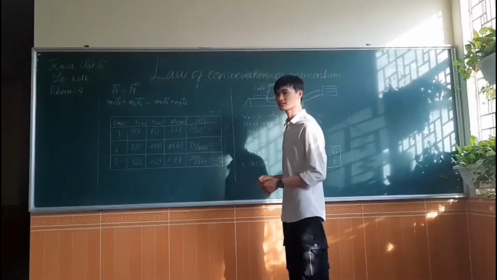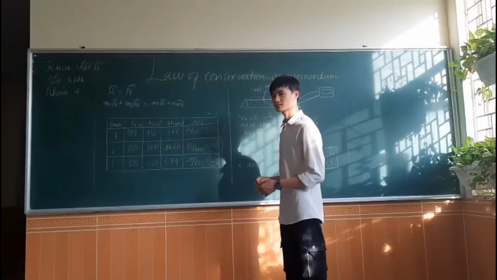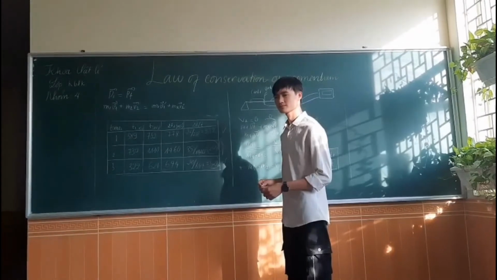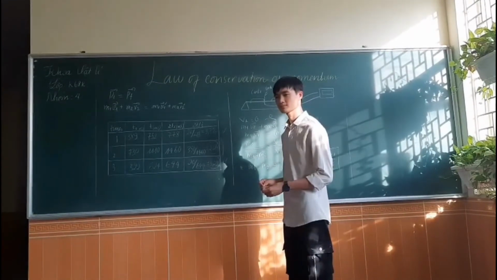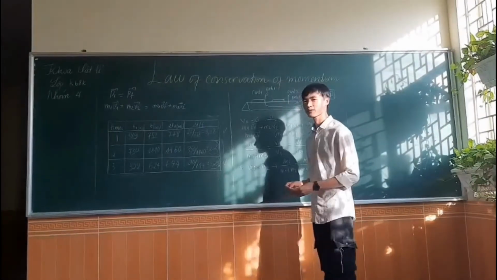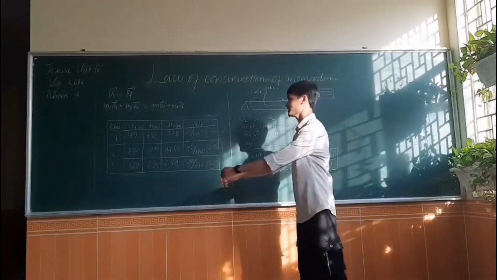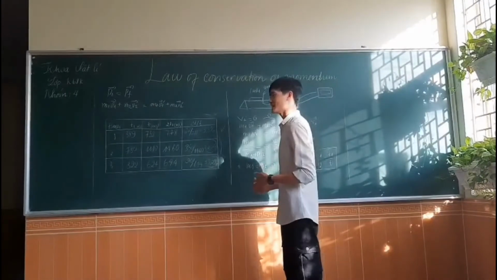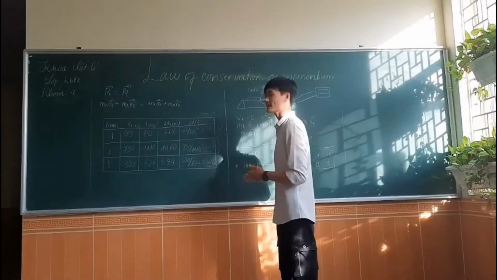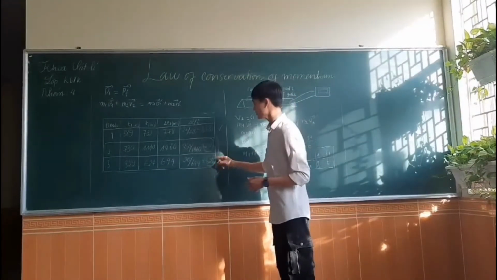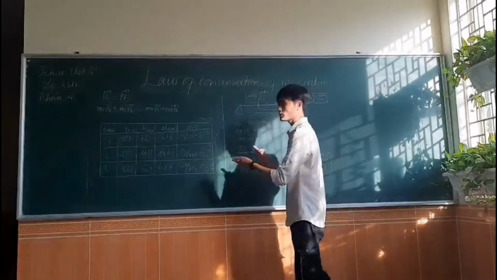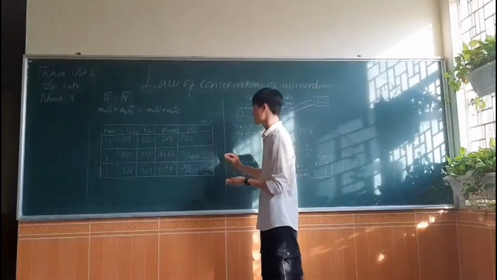If we slide it, we will have very big friction, so we cannot have conservation of momentum. Yes, I understand, but I think you are not clear. I will show you why, because in this way you push the car along the line.